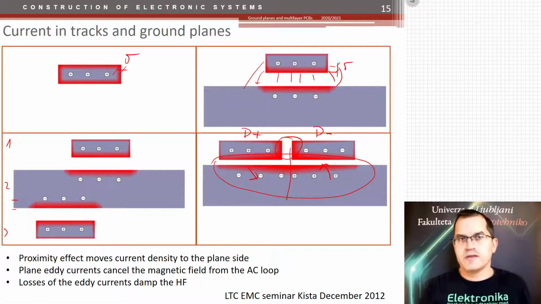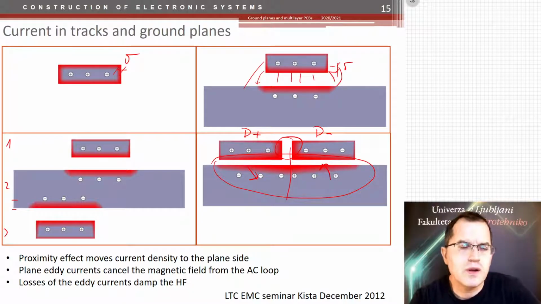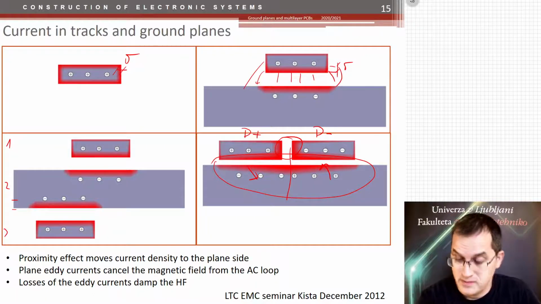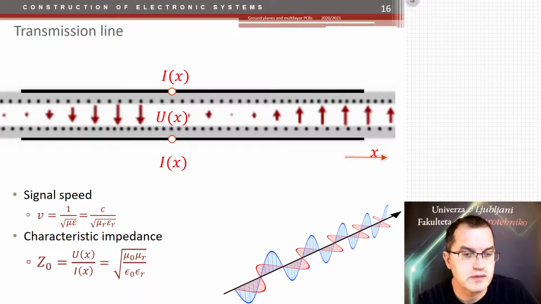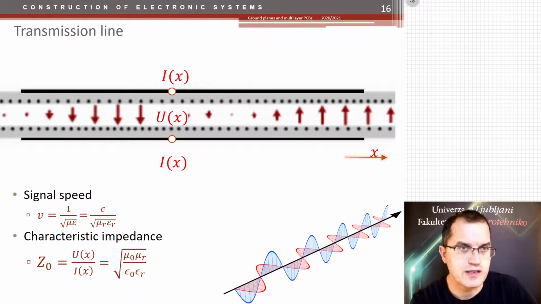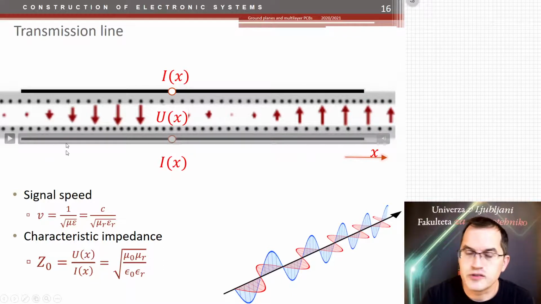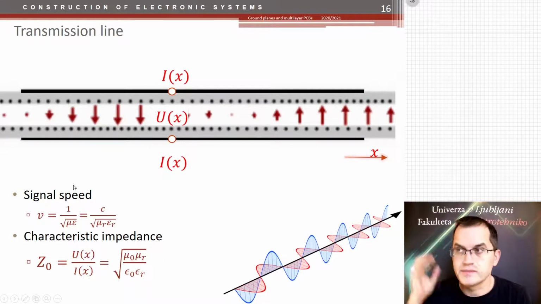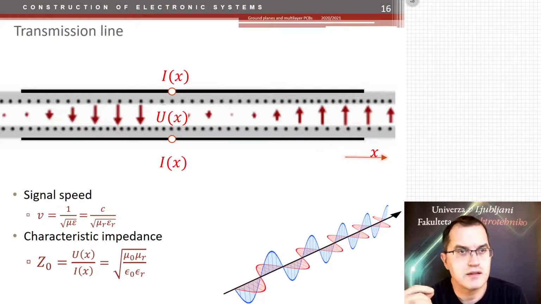All of these tracks which I showed you are actually so-called transmission lines. What is a transmission line? We will have a whole chapter, a whole lecture about transmission lines, so now just a quick peek. A transmission line is just a normal track on the PCB with a ground plane of some kind, and it transmits an electromagnetic wave.